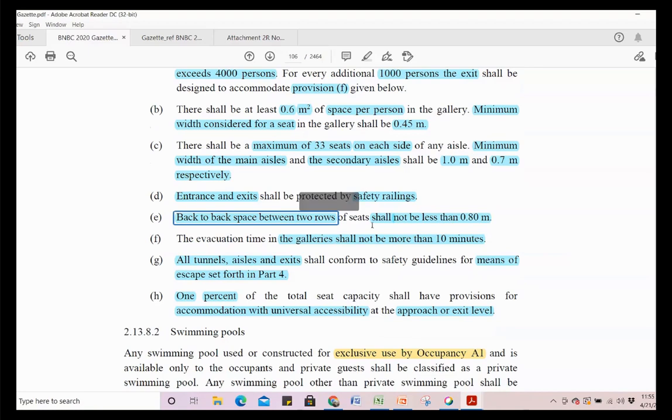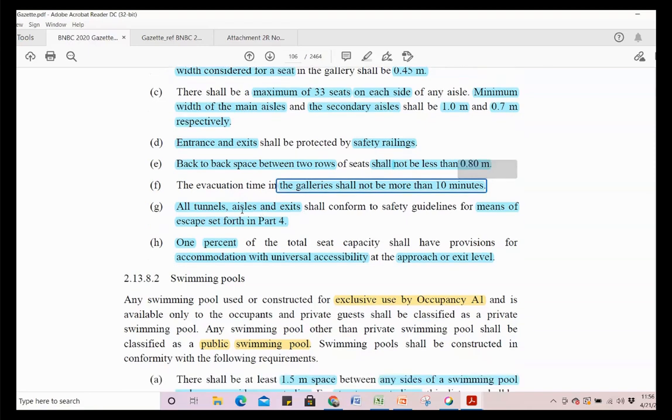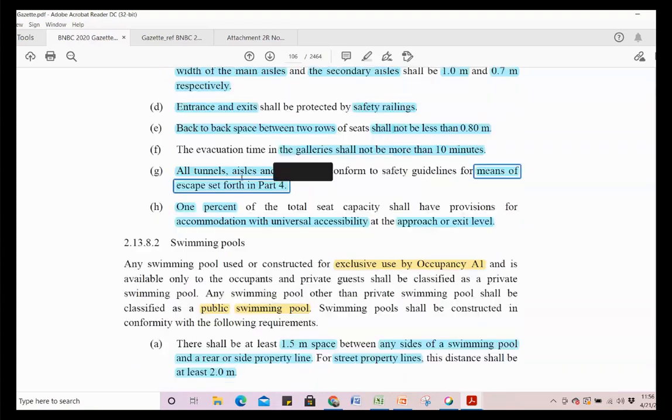Back-to-back space between two rows of seats shall not be less than 0.8 meter. The evacuation time, as we already know, in galleries shall not be more than 10 minutes. All tunnels, aisles and exits shall conform to the safety guidelines for means of escape set forth in part 4. So this will be actually part of means of escape.